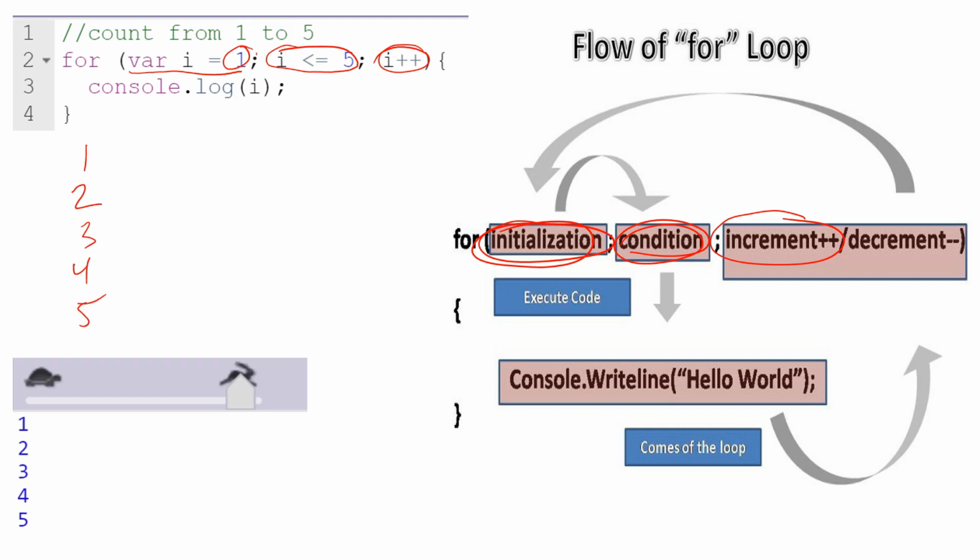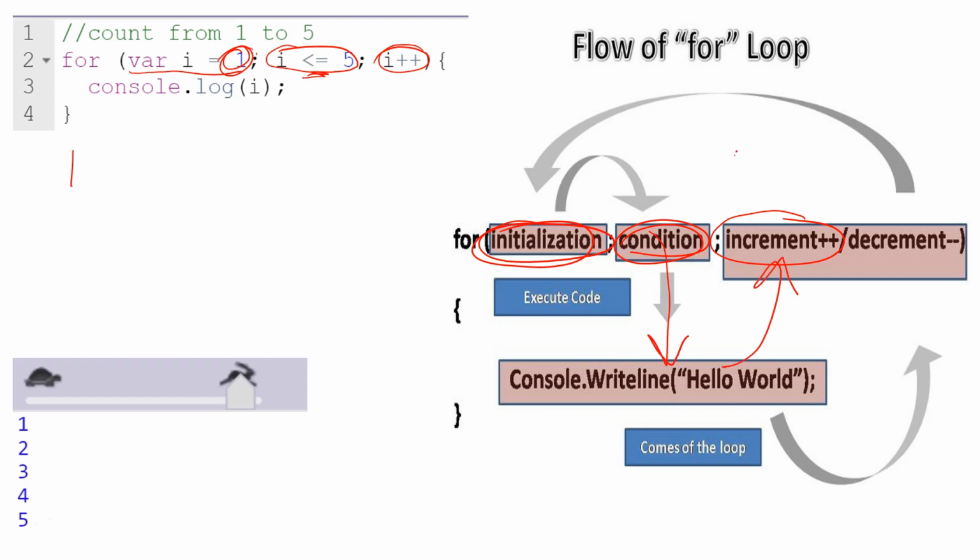So let's go through the flow chart and see how that all works. We have the initialization, so 1. The condition is: is 1 less than or equal to 5? It is, so we write down a 1, and then we increment.